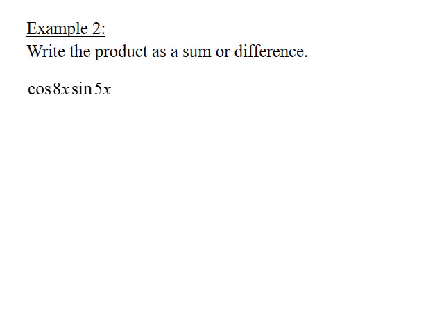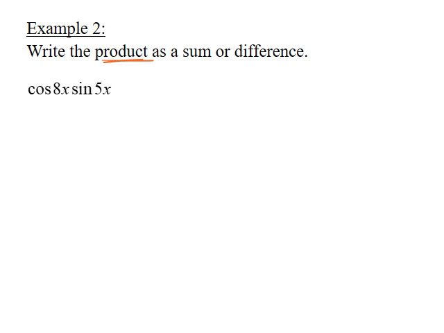Okay, let's try this. Another type of example other than verifying identities, you'll see something like this. We can see that this is a product because we have cosine of 8x times sine of 5x. And what we want to do is rewrite this as a sum or difference.